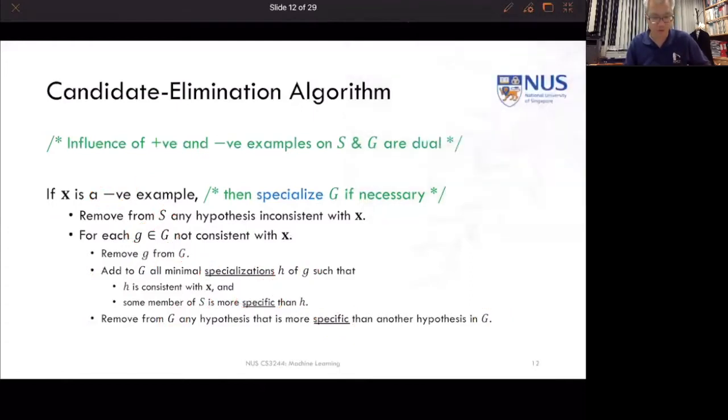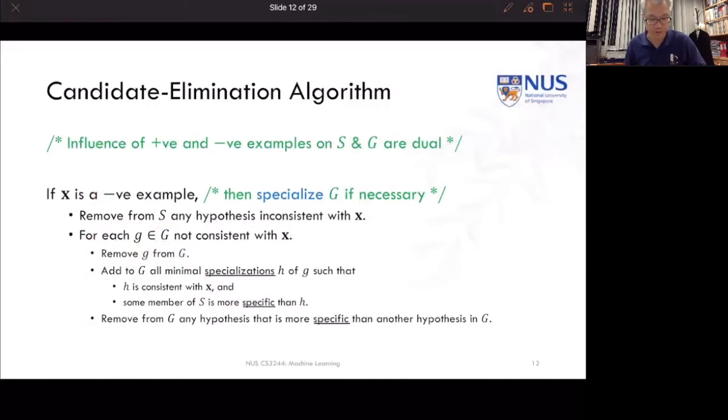Okay, so let's go through this again. If X is a negative example, it means that our G boundary needs to be less general. It needs to reject this particular training example and say that it doesn't fit the concept that we'd like to have. So to do that, for each of the hypotheses in capital G, that means our general boundary, we're going to look at each one of those and try to specialize it such that it's not going to accept this negative example that we picked out in this round.